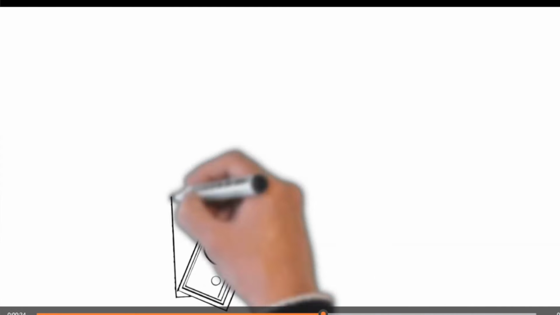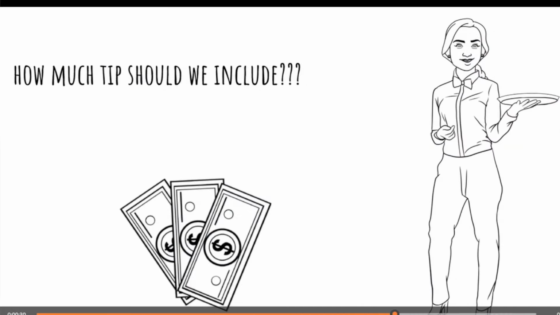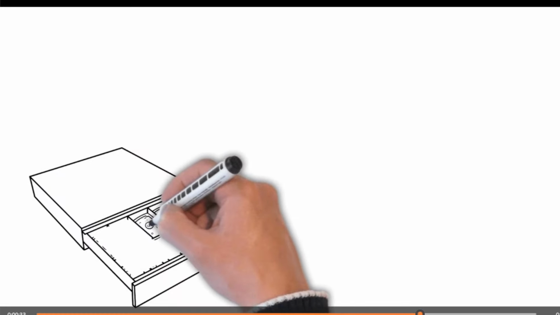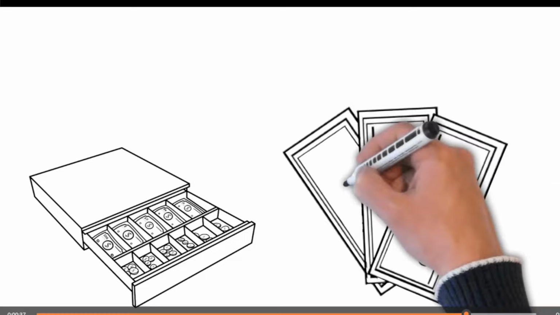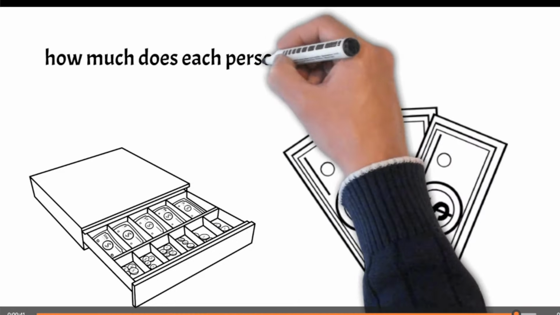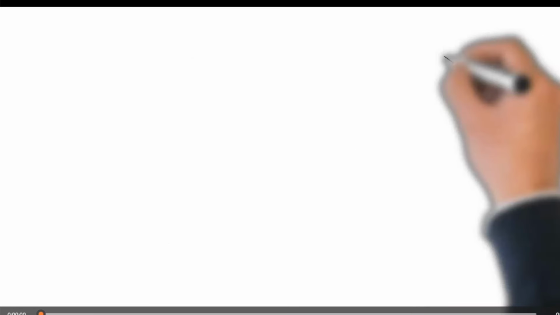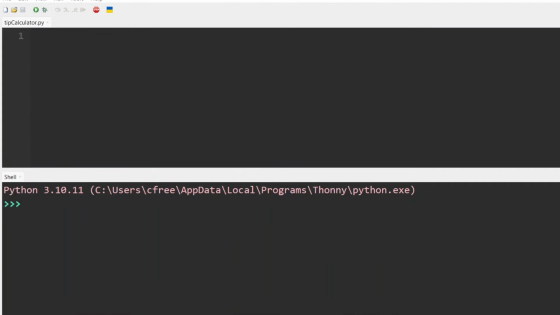So we need to determine first what the bill is, how much of a tip we're going to give, what percentage of the tip. And then once we know what percentage of the tip we're going to give, we need to figure out how much the bill is and how much that tip is divided equally amongst all the people eating. So that's our challenge for today.